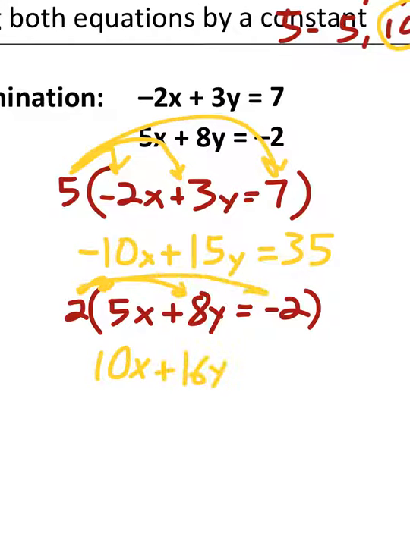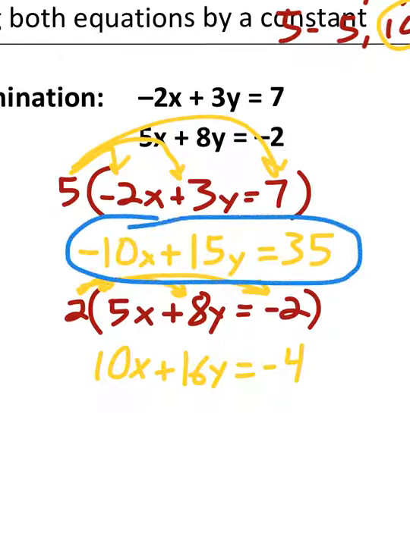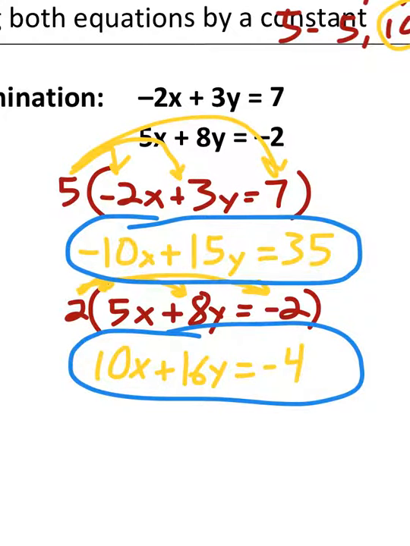And 2 times negative 2 is negative 4. So now in my two new equations, I have negative 10x plus 15y equals 35, and 10x plus 16y equals negative 4. My x terms are now opposites, so I'm going to rewrite these and use elimination to solve.